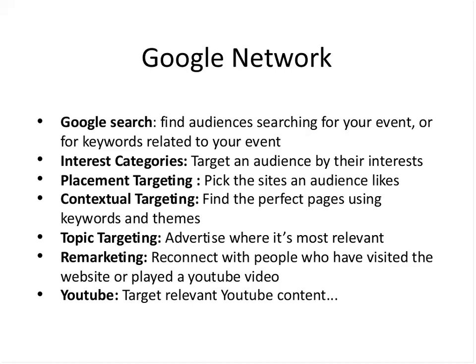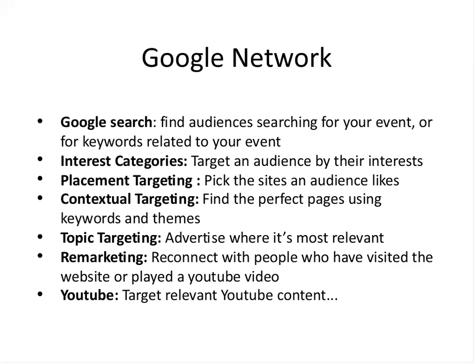Placement targeting, so you can pick sites in particular that you choose based on your own research that you've done. Contextual targeting, you can place your ads next to similar content based on keywords or themes. So, for example, let's say you're advertising cricket balls, then you can place your ads next to pages talking about cricket. So that might be right across the web. That might be a news story about cricket. Let's place the ad there.